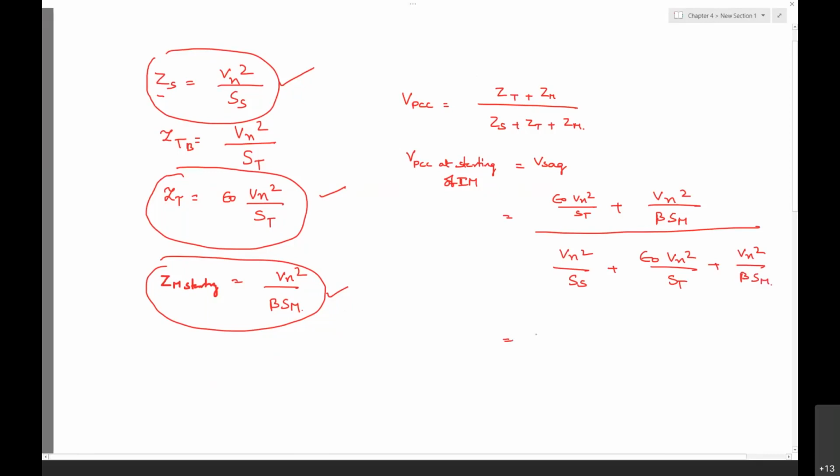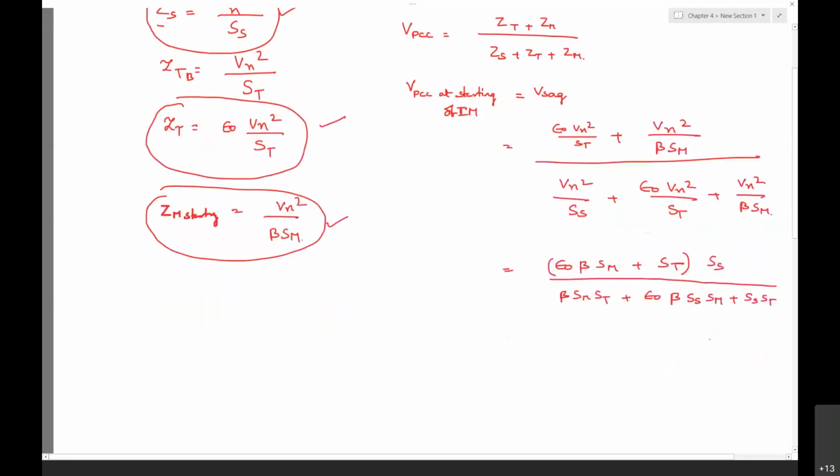If you do the simplification, we get epsilon naught times beta Sm plus St, divided by beta times Sm St plus epsilon naught, and then beta times Sm plus Ss plus St, where the LCM is beta times Ss St Sm.